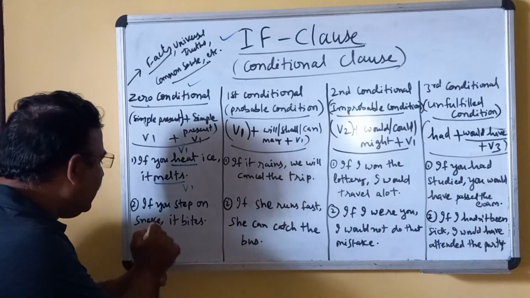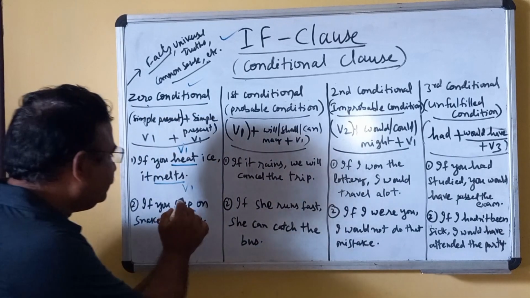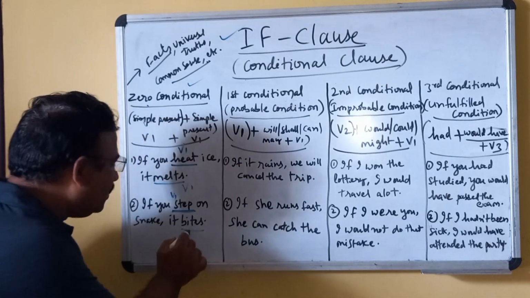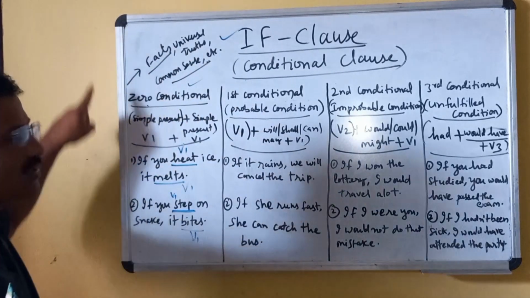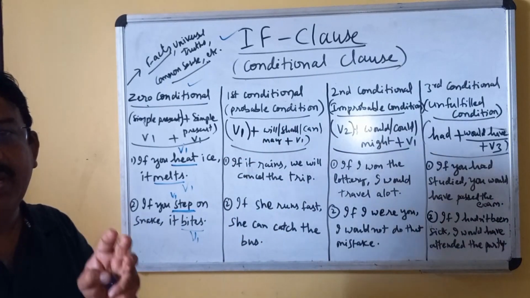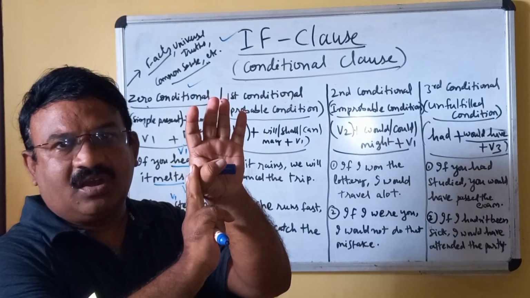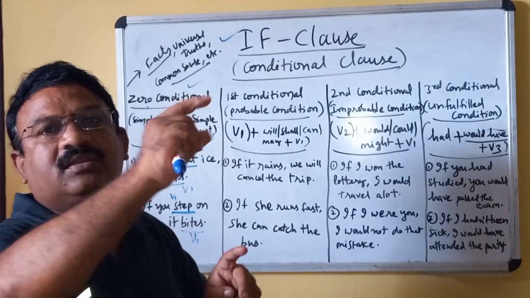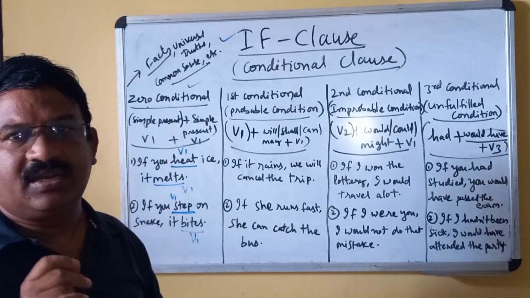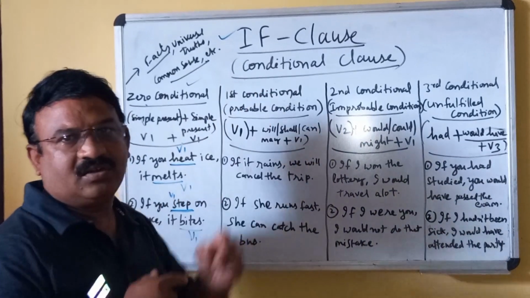So step is V1, and bites is also V1. This clause is the zero conditional clause. That means if the conditional clause is V1, the main clause is also V1. Understand? Now let us move to the first conditional clause.